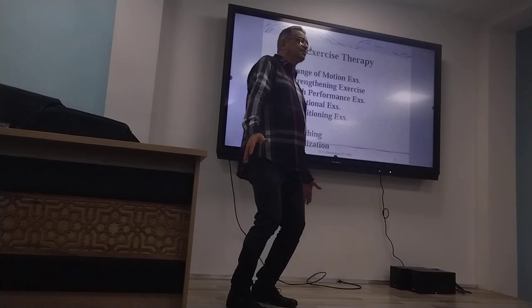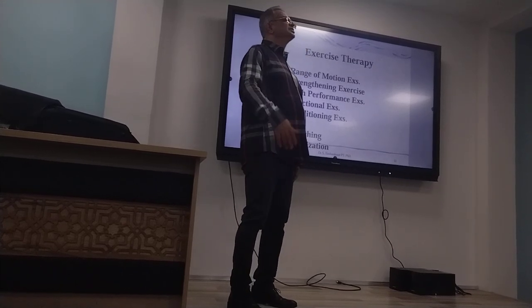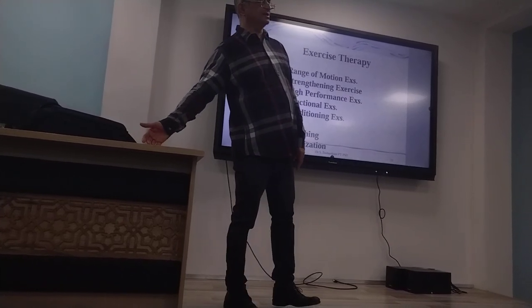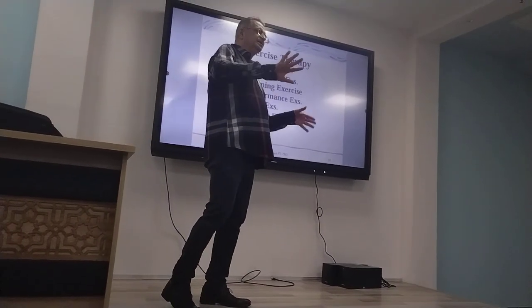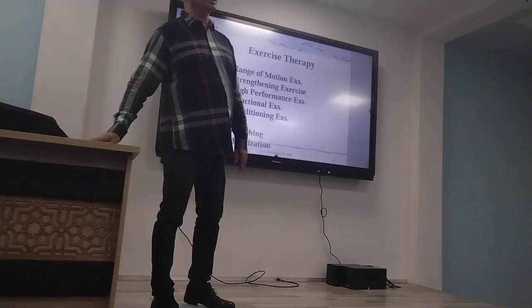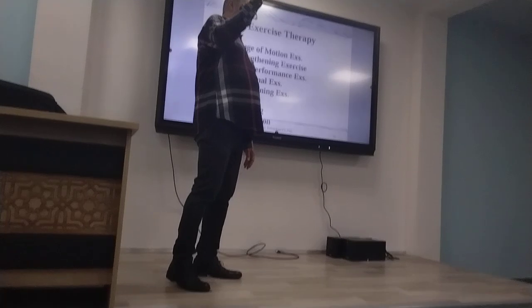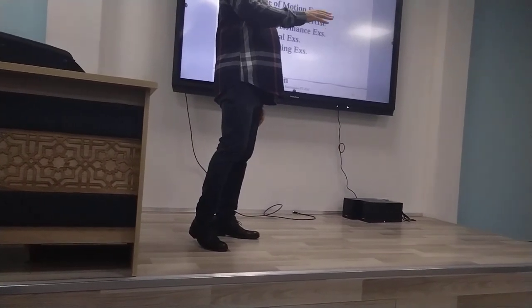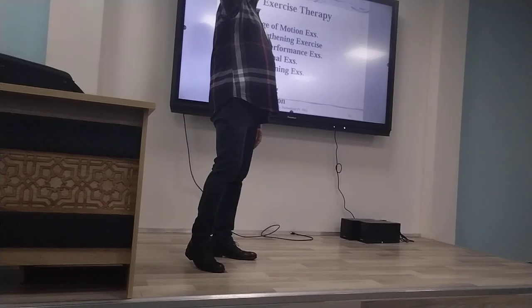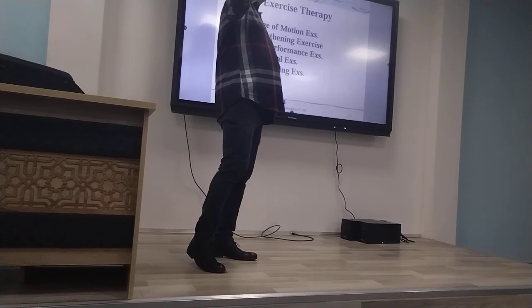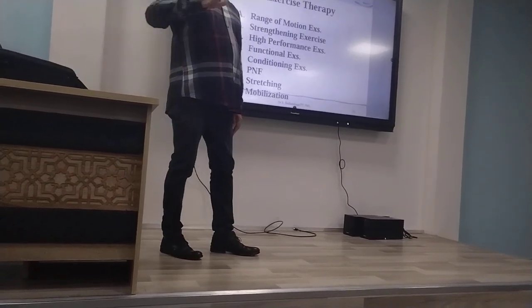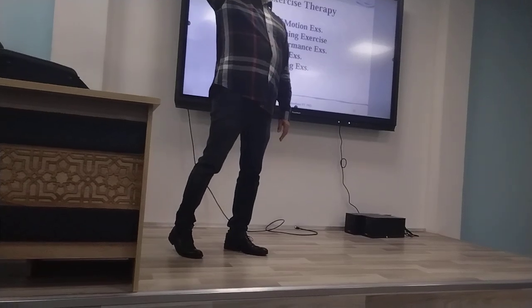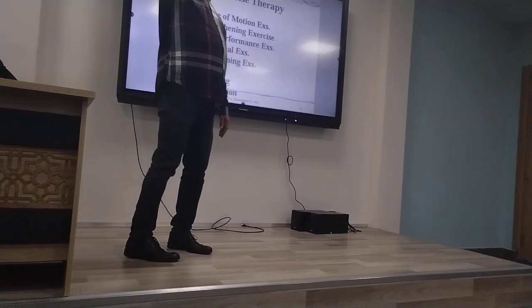They cannot control it. So you start with the simplest one, the isometric. The middle stage is concentric. In the later stage, eccentric. You don't want to start with the eccentric, the most powerful or the most complicated one. Eccentric belongs to the later stage of the treatment.